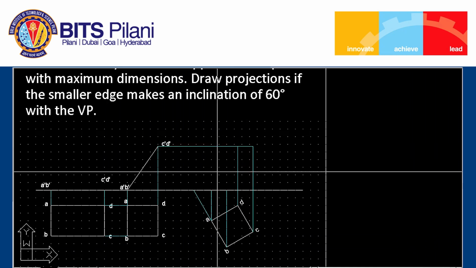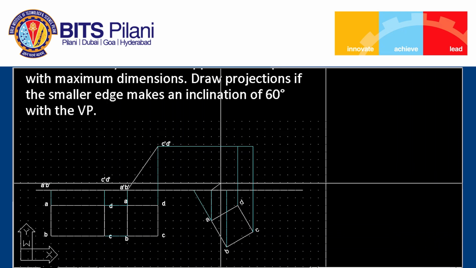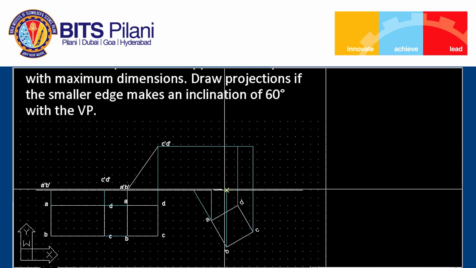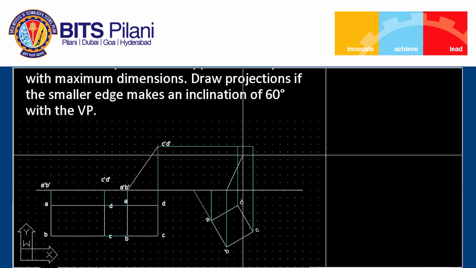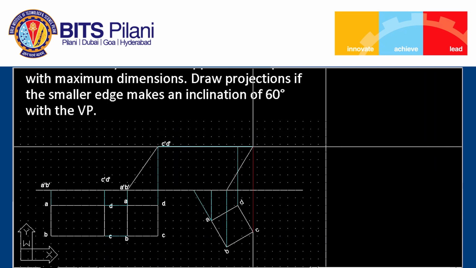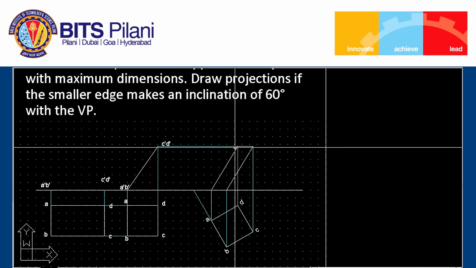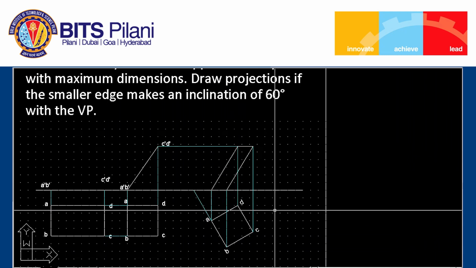Join the lines: A prime, I have point B prime, then point C prime, D prime, and again A prime.